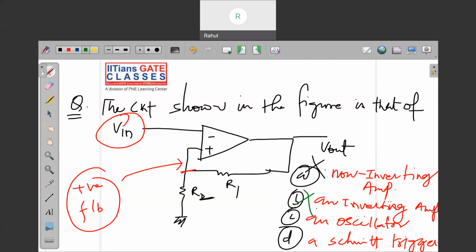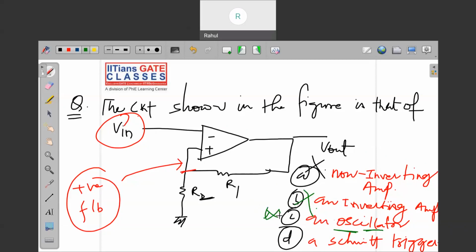And yes, an oscillator also needs positive feedback, but the thing is, they have given the input here, and there is no capacitance or inductance in the feedback. For oscillation, there should be at least an LC kind of network.